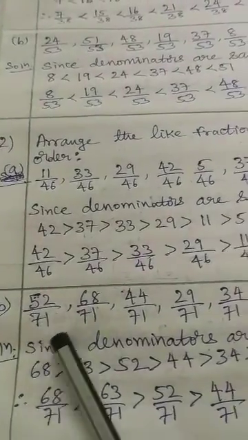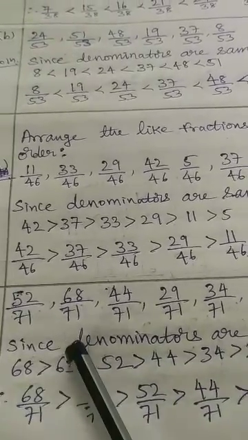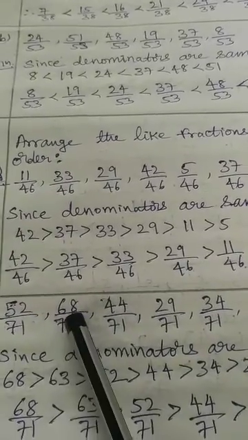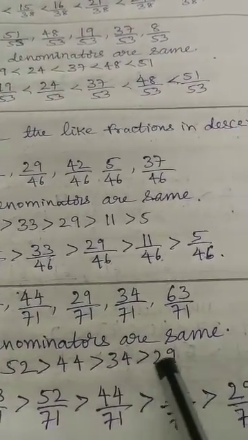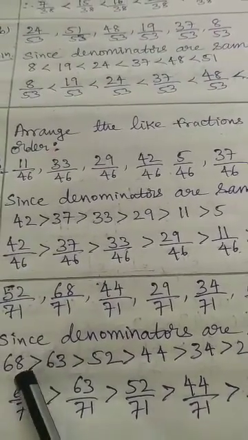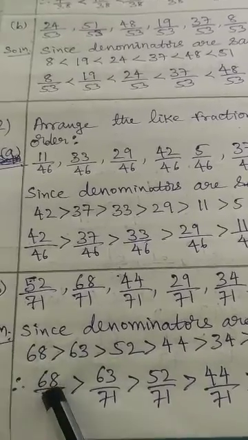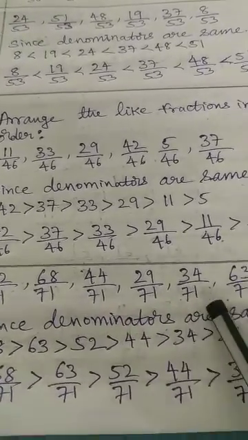Similarly, B question also. These are the fractions given. Solution, since denominators are same, arrange the numerators in descending order. So where highest is 68. 68, 63, 52, 44, 34, 29. These numerators are arranged in a descending order. Afterwards, next step is its fraction. 68 means 68 by 71 because 71 is the denominator.